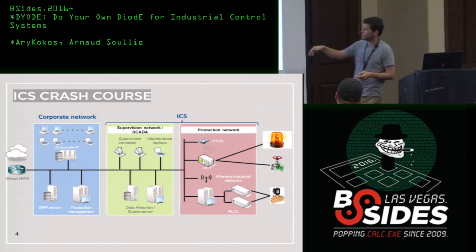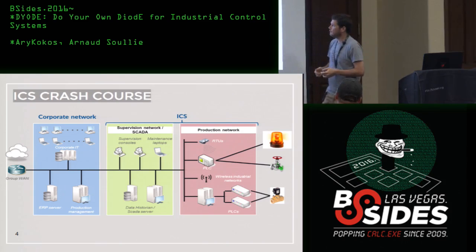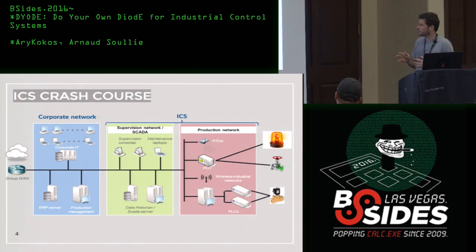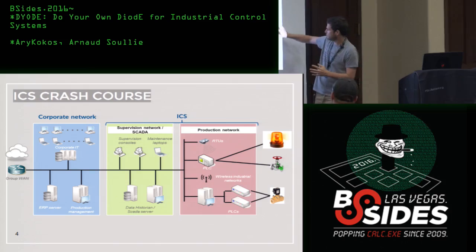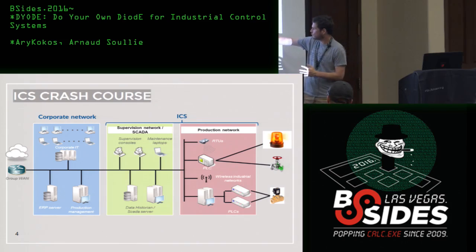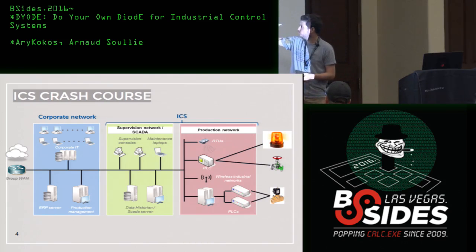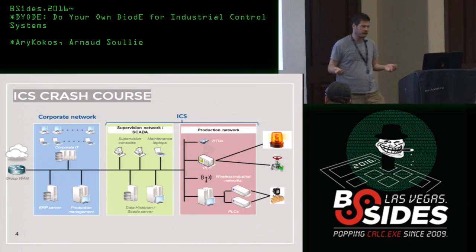Sometimes you may also encounter the term RTUs, which stands for Remote Terminal Units. Basically, it's a standalone PLC. So here we are with electrical connection. Here we already have network connection, and to program the PLCs and to control them, we have what we call the supervision network or the SCADA network.